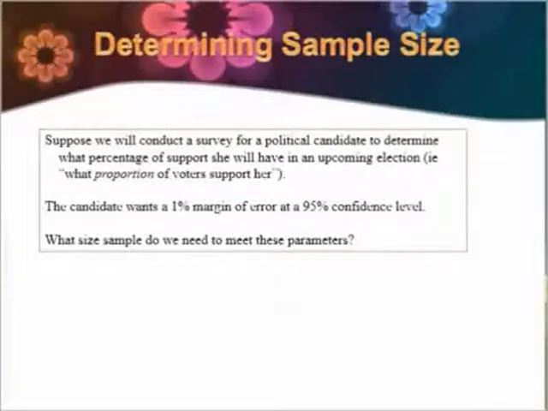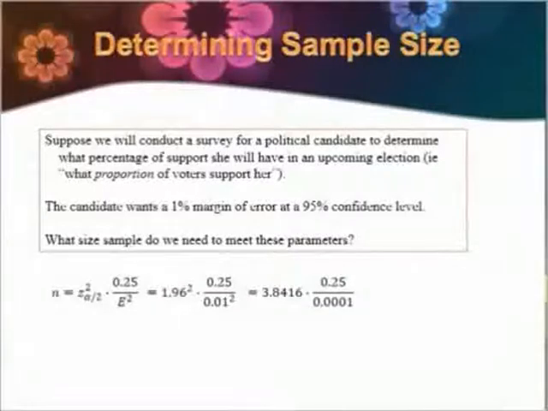So back to this problem. We know now that n is our critical z-value squared times 0.25, since we don't have any information about the sample proportion we're expecting, divided by the margin of error squared. That was 1.96 squared times 0.25 divided by 0.01 squared, which is 0.0001.